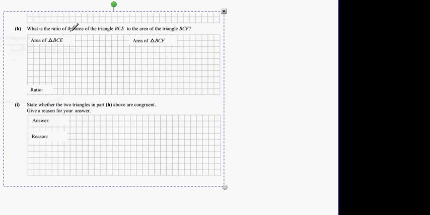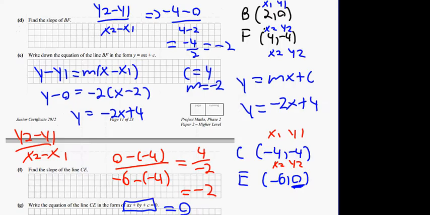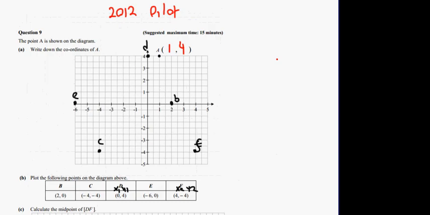Okay. What is the ratio of the area of the triangle BCE and BCF? So let's go to find BCE and BCF. Okay, BCE. Now, what's the area of BCE? It's going to be a half base by height. So, what's the base of BCE?